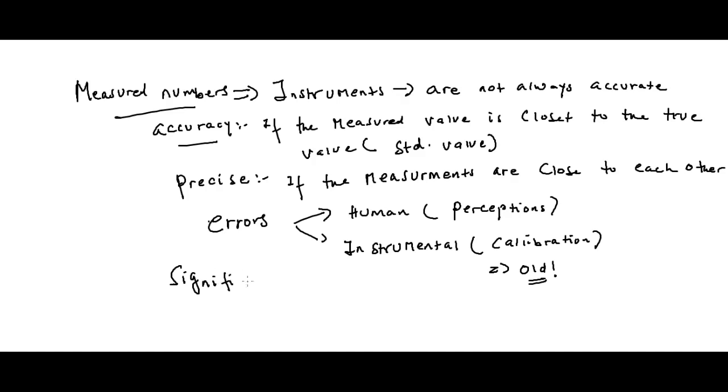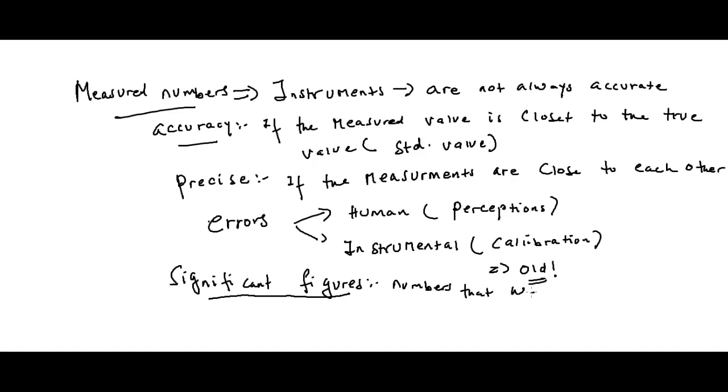A lot of times students have problems identifying significant figures. I'm going to talk a little bit about significant figures. Significant figures are numbers that we report when we do measurements.